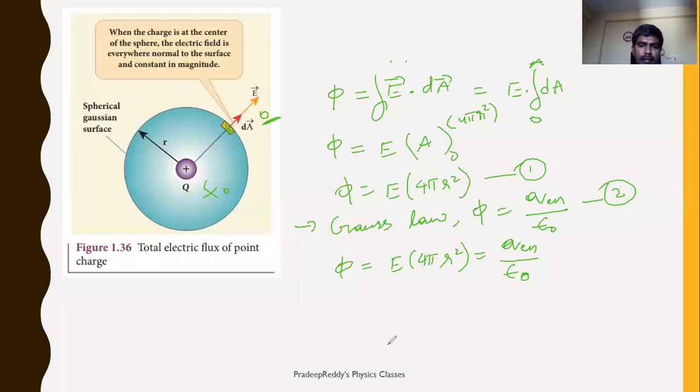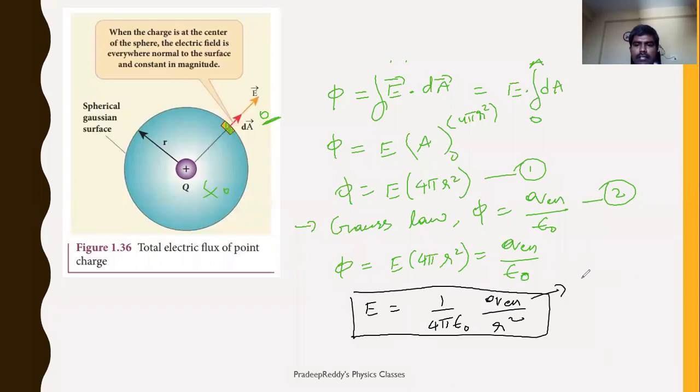From here you can find the electric field E is equal to 1 by 4 pi epsilon naught, Q enclosed divided by r square, right? This is the equation for electric field using Gauss law, the electric field due to a point charge.